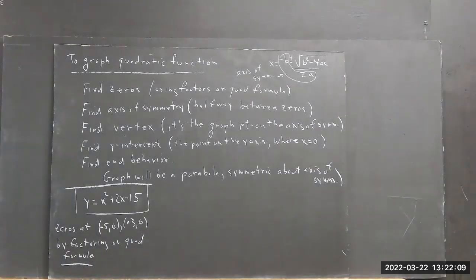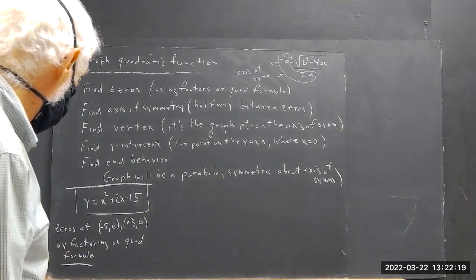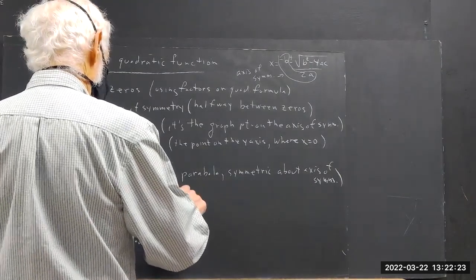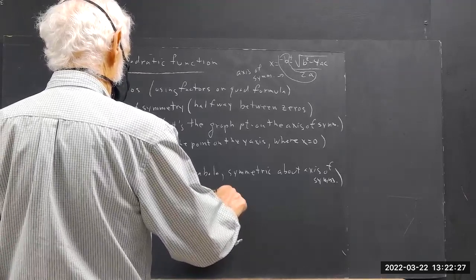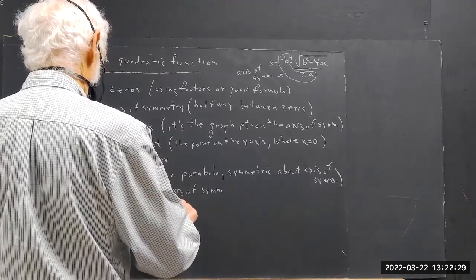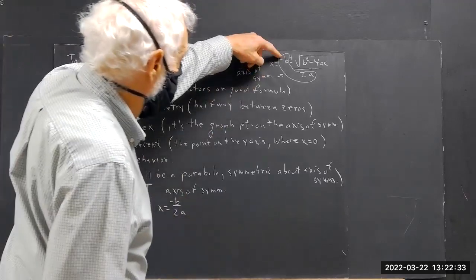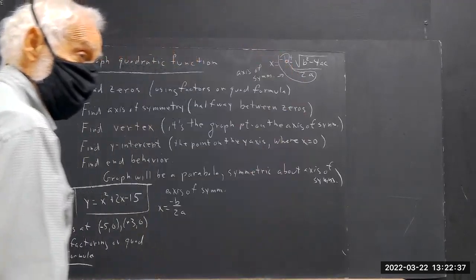So by factoring or by the quadratic formula, you get these zeros. I'm not going to go through that. People know how to use the quadratic formula, and hopefully you know how to factor. Again, you can find the negative b over 2a right there smiling at you in your quadratic formula.